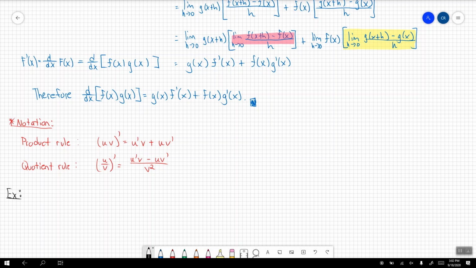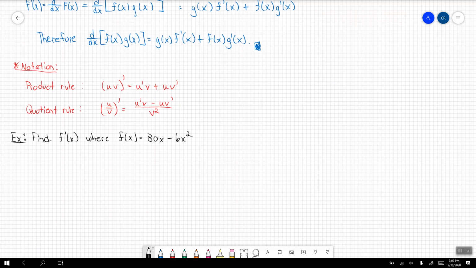So for the first example, we're going to find f prime of x, where f of x is equal to 80x minus 6x squared. Now, we know the answer to this because it was in the previous lesson.